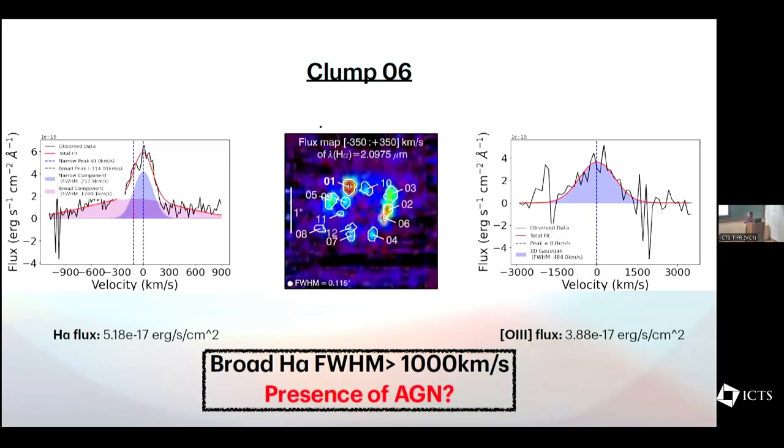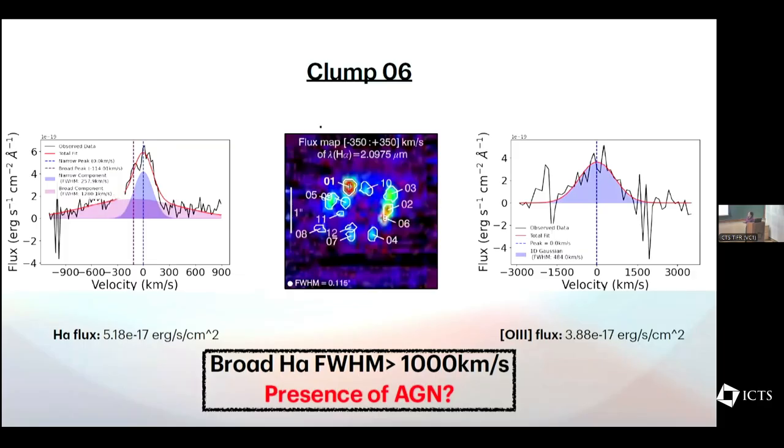We cannot say anything definitively, but there is a possible hint that there could be an off-center AGN at the position of this clump, and the simulations of ring galaxies also support that in some galaxies we have seen an off-centered AGN. So this is a hint, but to know more about it, we need to analyze it more.